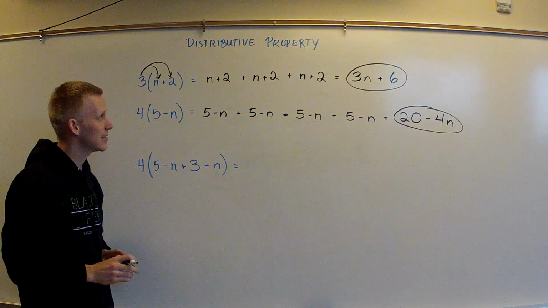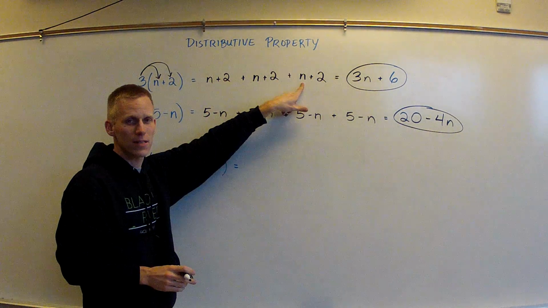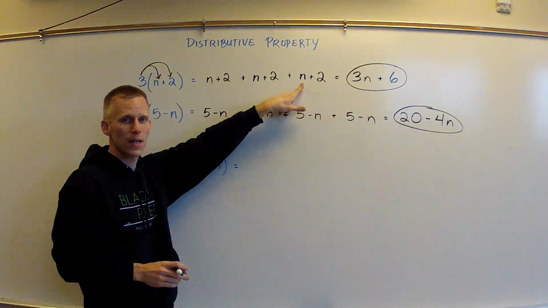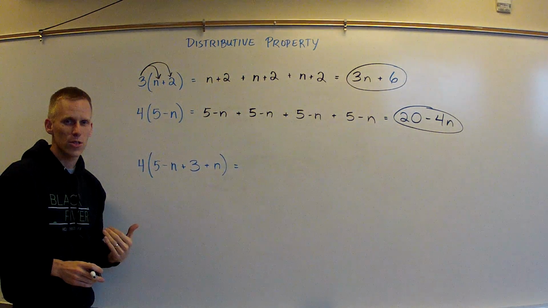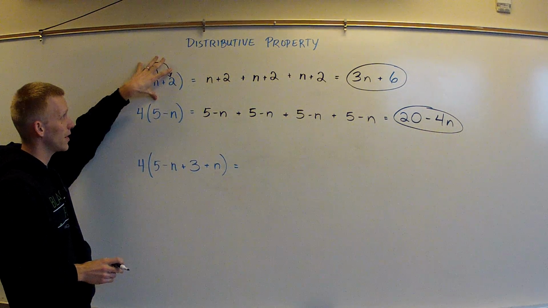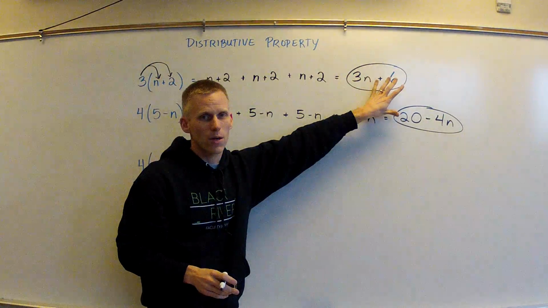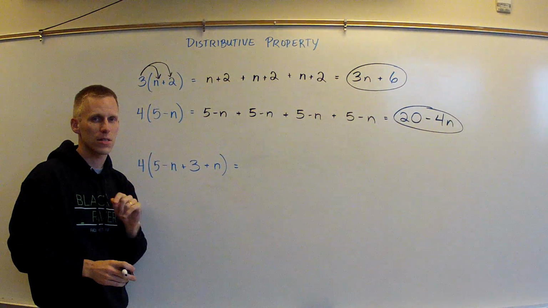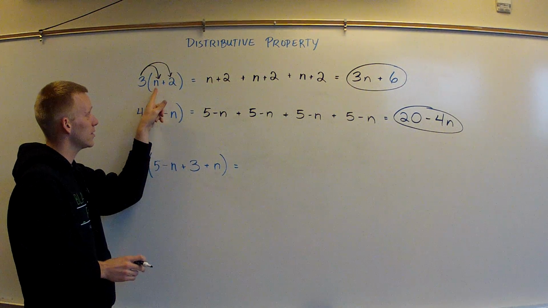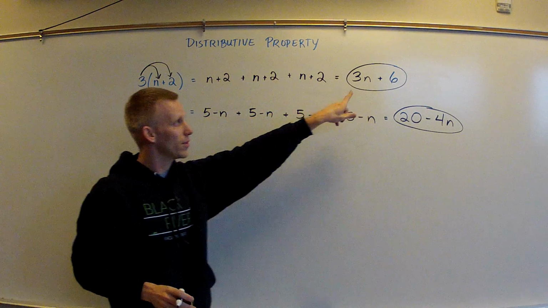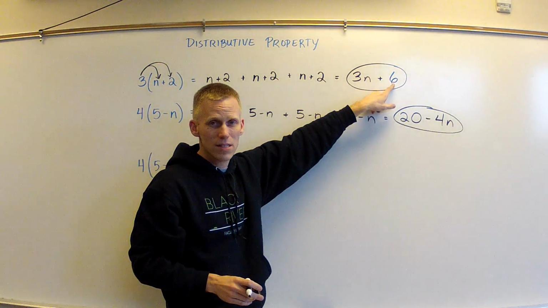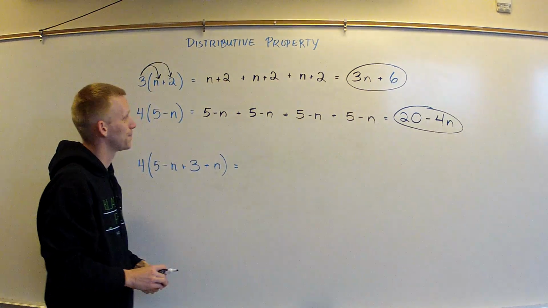We can literally see that when we look at this expanded version of it. Okay? What the distributive property is doing is it's trying to let you jump from here all the way to here without having to write out every single step. I've got 3 n's and 3 2's. Well, 3 n's is this, 3 2's is this. I can make the jump.